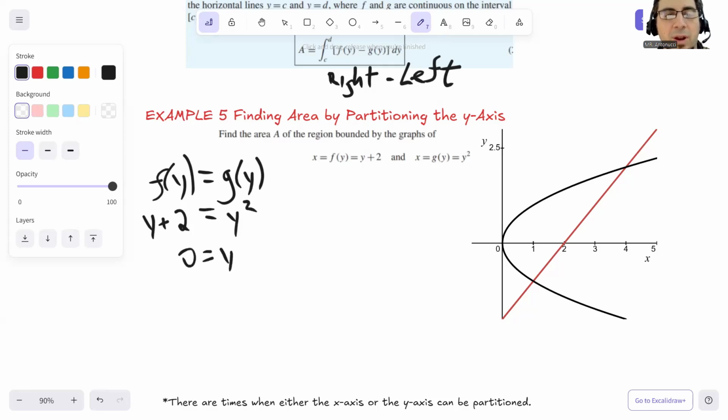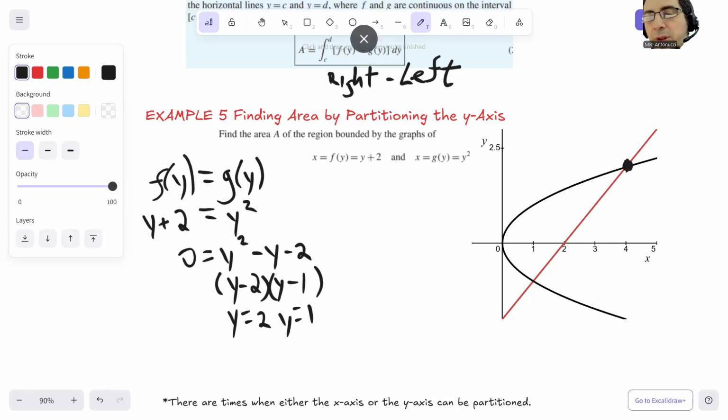So y squared minus y minus 2 equals 0. And then we could factor this into y minus 2 times y plus 1 and get y equals 2, y equals -1. And that would correspond to that point and that point there, the y value there. So this is -1 and this is 2.